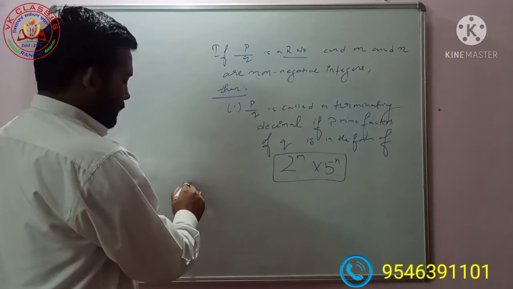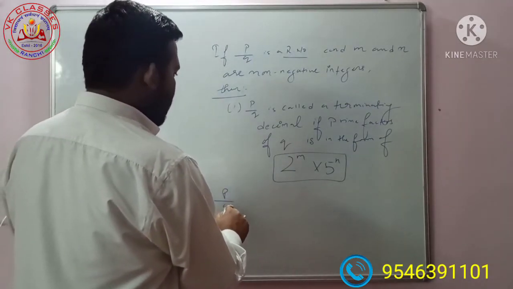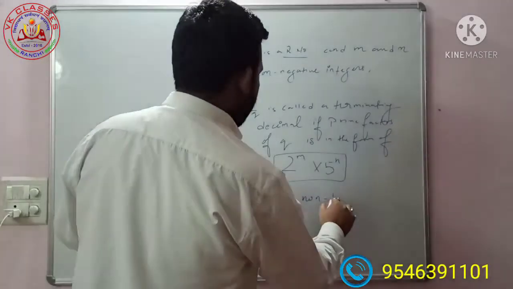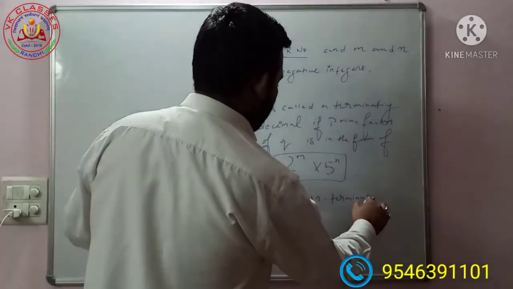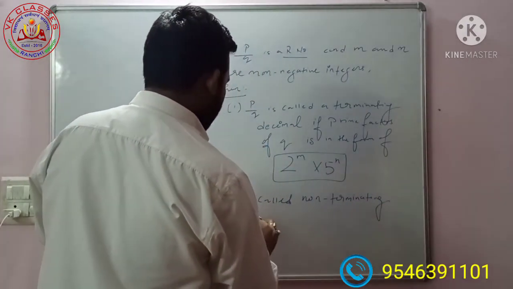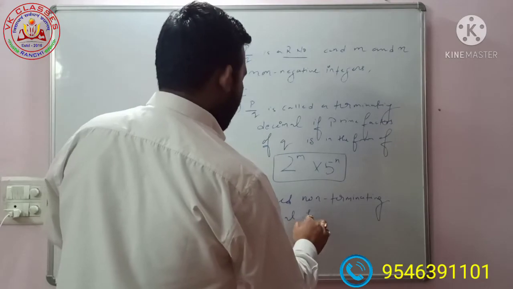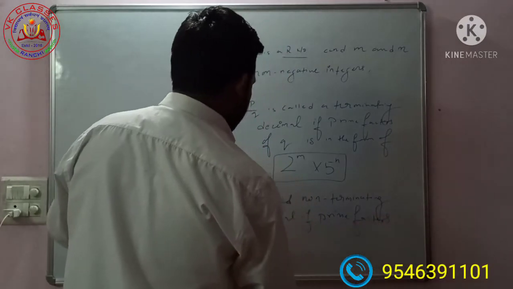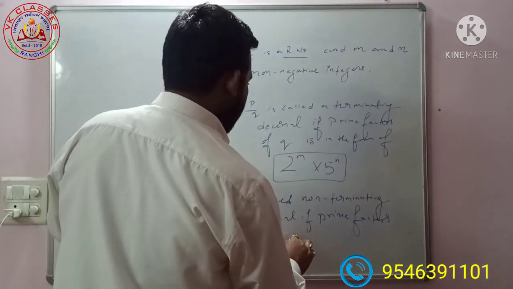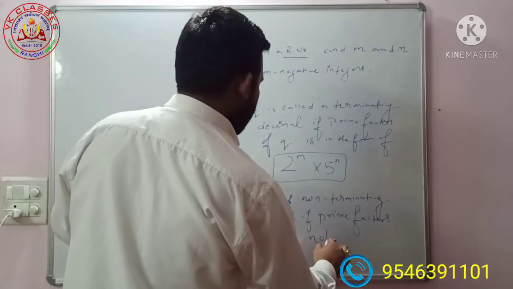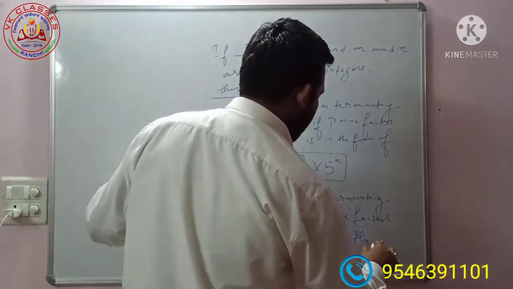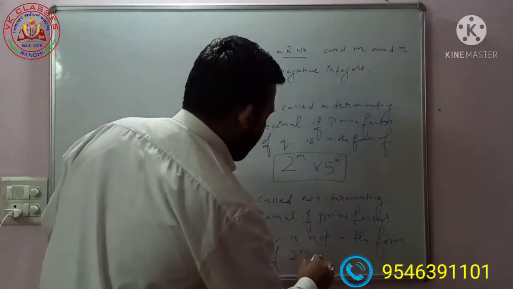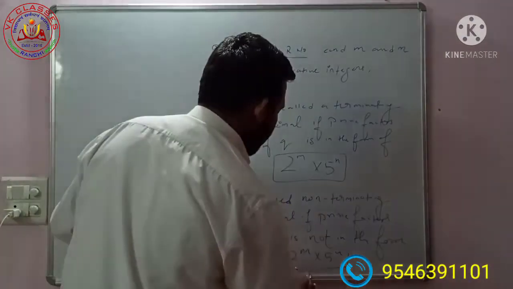Second one, p by q is called a non-terminating decimal if the prime factors of q are not in the form of 2 to the power m into 5 to the power n.